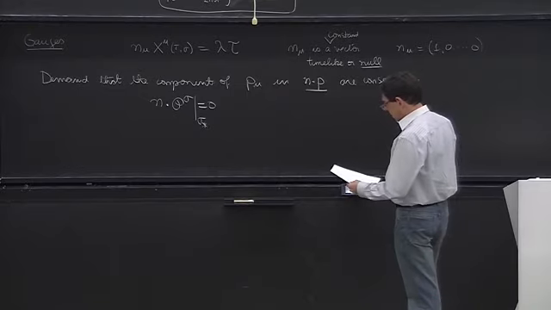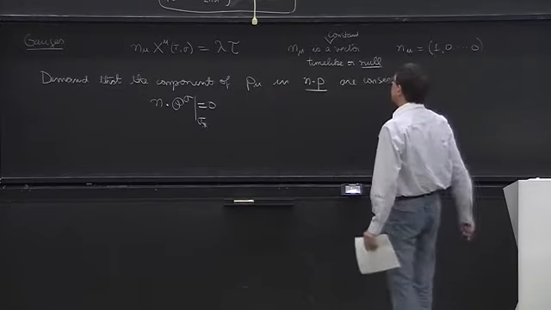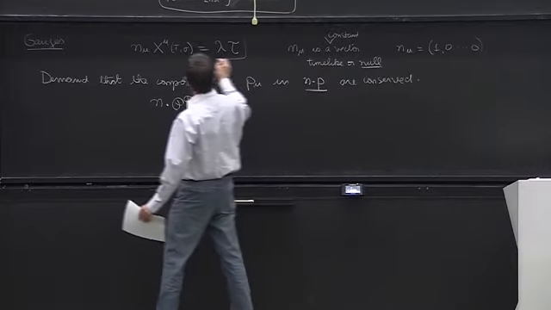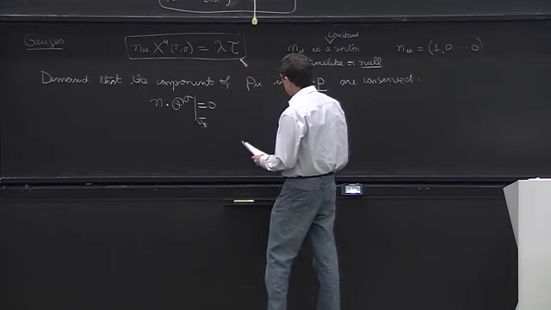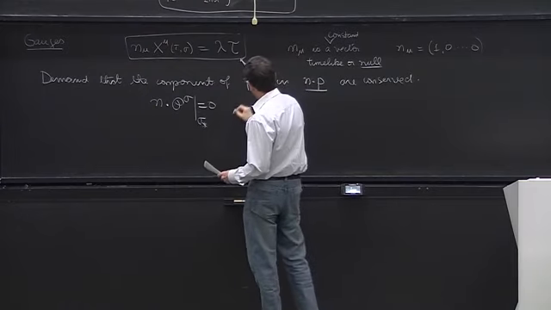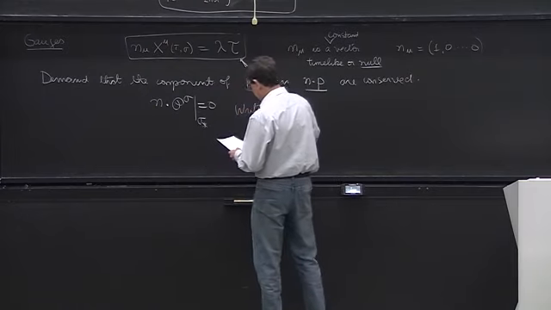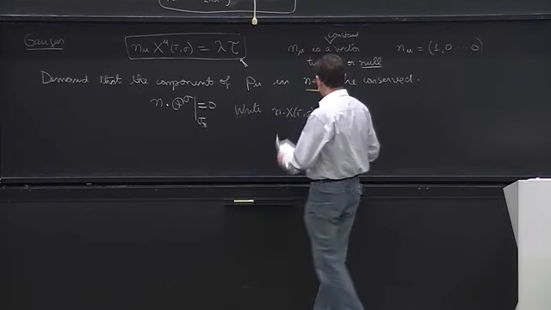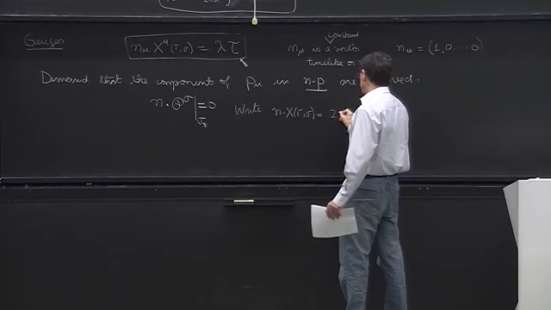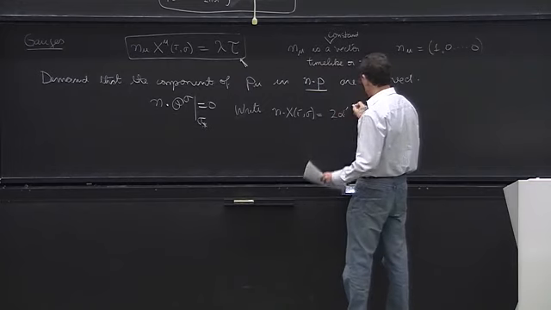Now, I will write this equation in a somewhat different way. I will specify what this constant is and write n dot x of tau and sigma is equal to, it will look funny to you. Many things will look funny for a little while.